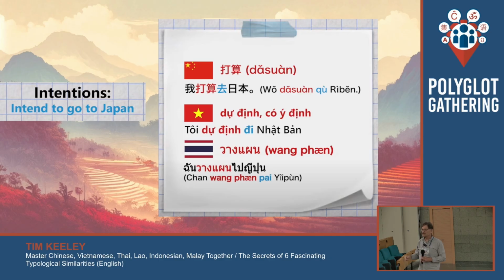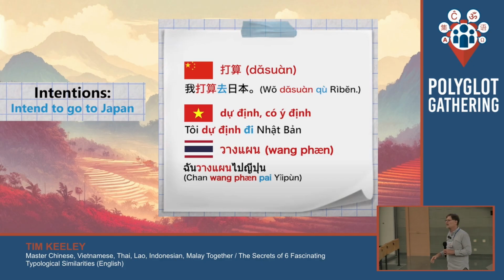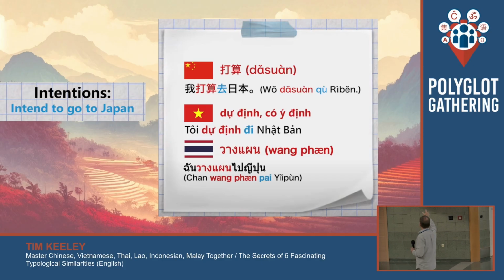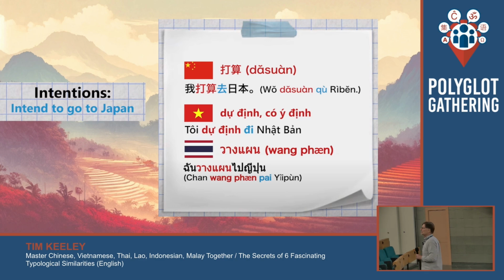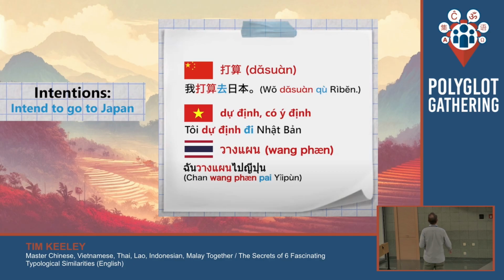The other one is Z in the north, and in the south it is Y. So this would either be the northern or the southern reading of the sentence about Nhật Bản. And then in Thai, we use Chan wang pen by Yipun.